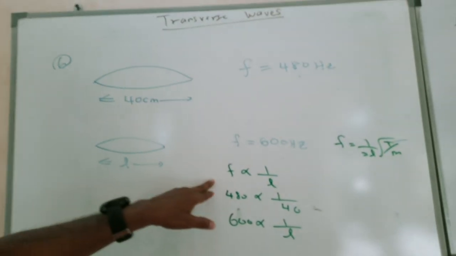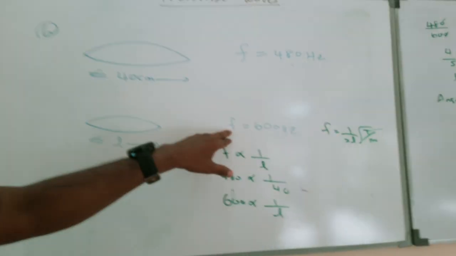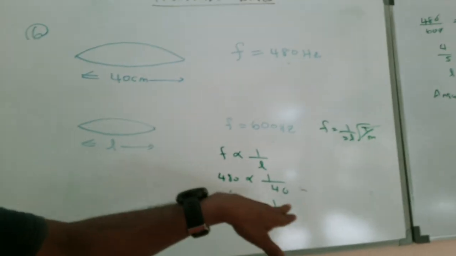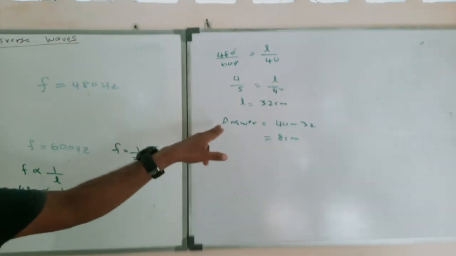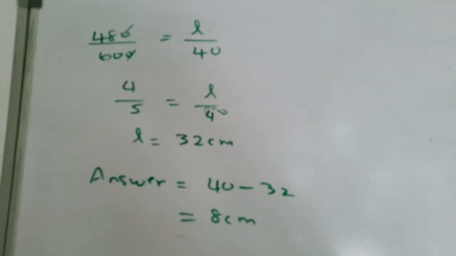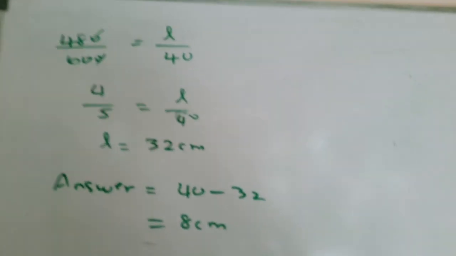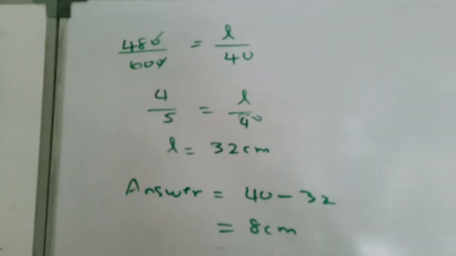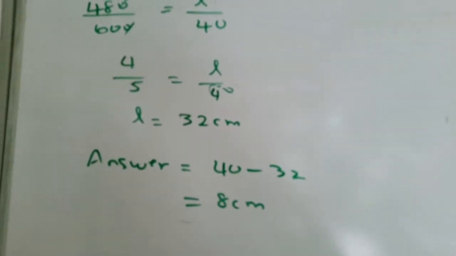So 480 with 40, and 600 with L. Simplifying, we find L is equal to 32 centimeter. The original length is 40 centimeter and now 32 centimeter, so the answer is 40 minus 32, which is 8 centimeter. That is the answer.